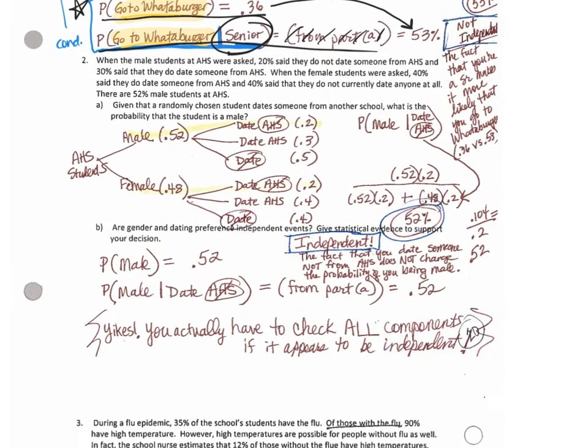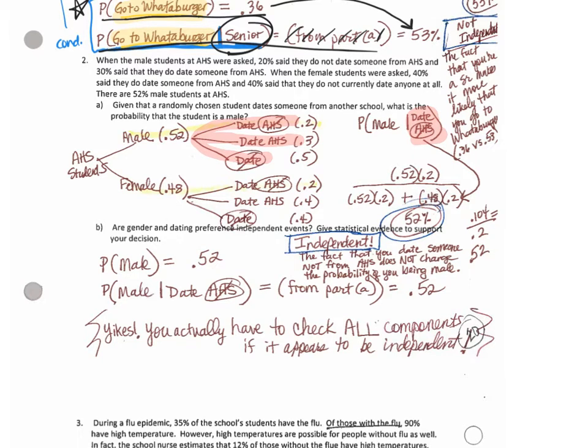This problem we talked about yesterday, I showed it to you. There were 3 parts to this. You had dating somebody not from AHS, dating somebody from AHS, and not dating at all. You had those 3 things for the male. So the question was, given that you date somebody not from AHS, so let's find that.